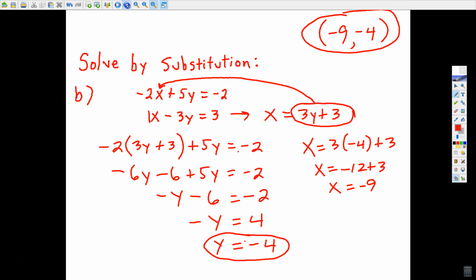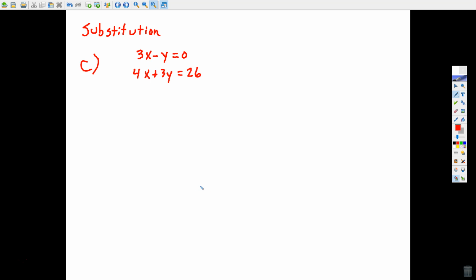Okay, let's try one more substitution. Do you see a variable that looks like would be the best? There's not really a wrong choice, but many times there's a best choice. What would you say is the best choice of these 4?